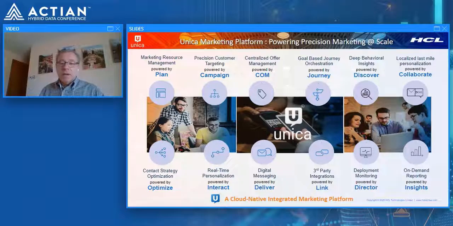space. We also introduced a new module called Journey for orchestration of messages within a variety of preferred channels, and basically to help marketers easier manage customer journeys.